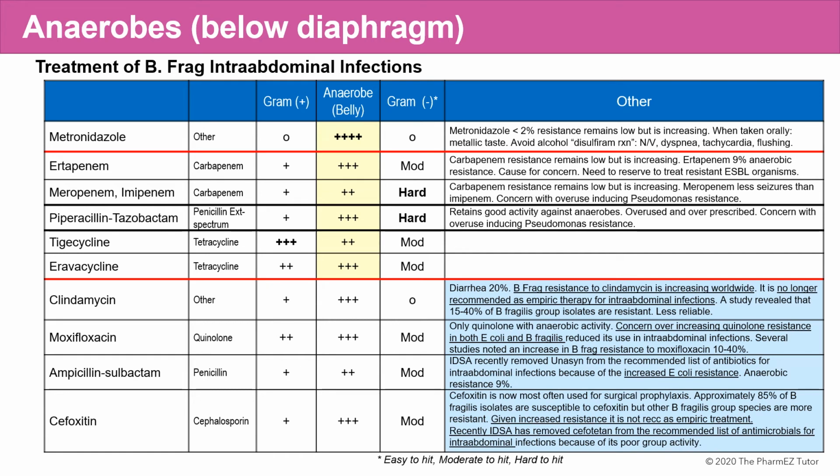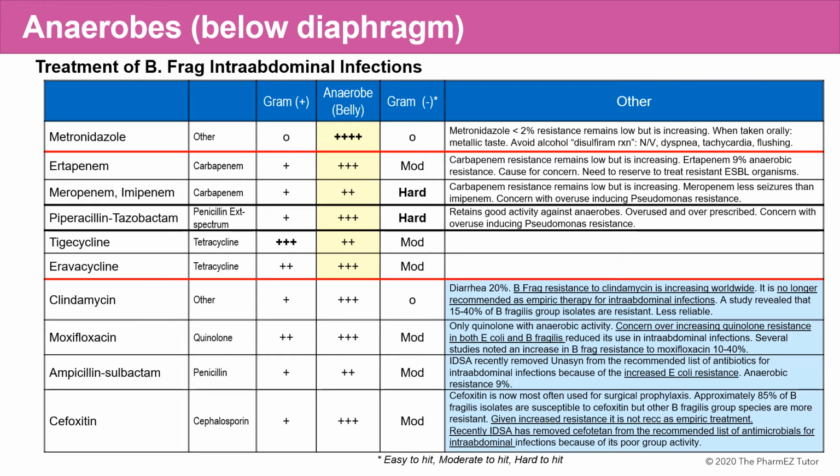However, unfortunately, overexposure to these antibiotics has led to a growing rate of resistance to B. fragilis, to the point where, due to increasing resistance, none of them can be trusted to be used empirically against serious intra-abdominal infections. Many of them have been relegated to use only for surgical prophylaxis.